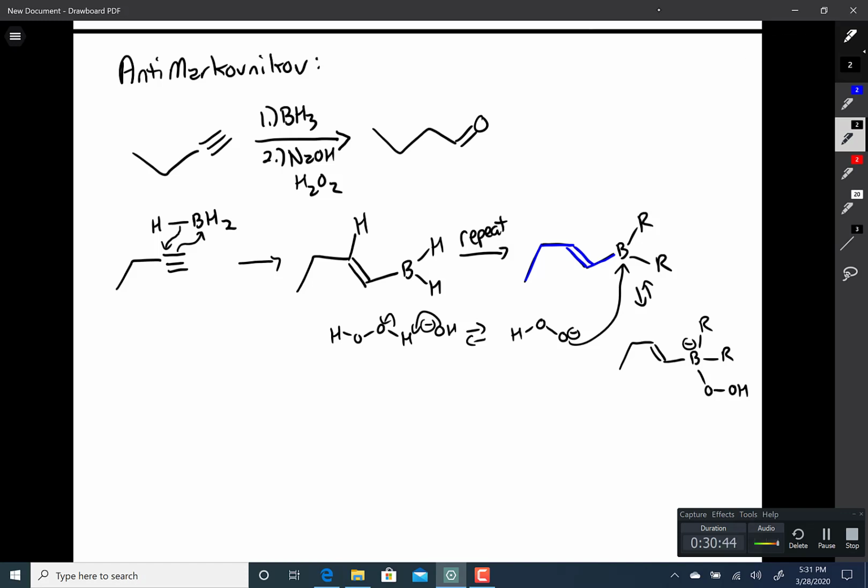It's this rearrangement step where the carbon-boron bond slides over to the oxygen, and that kicks off the OH.